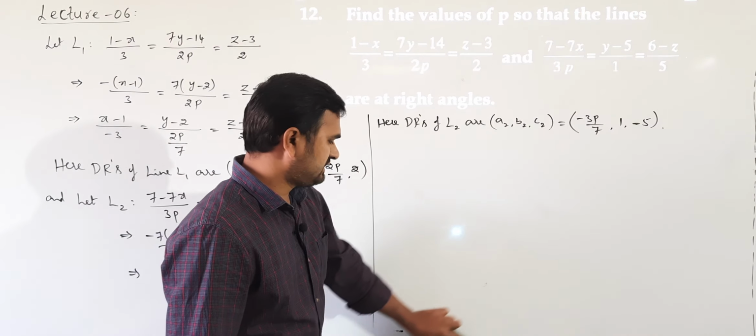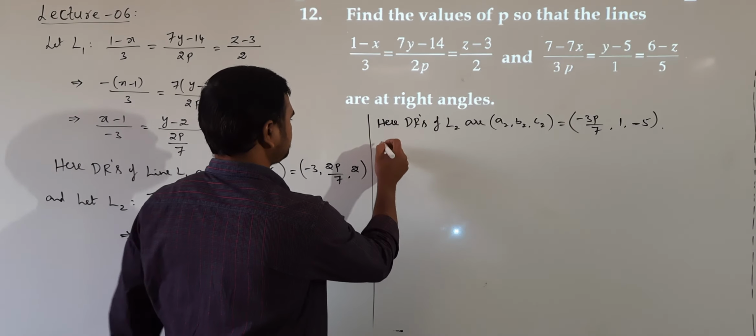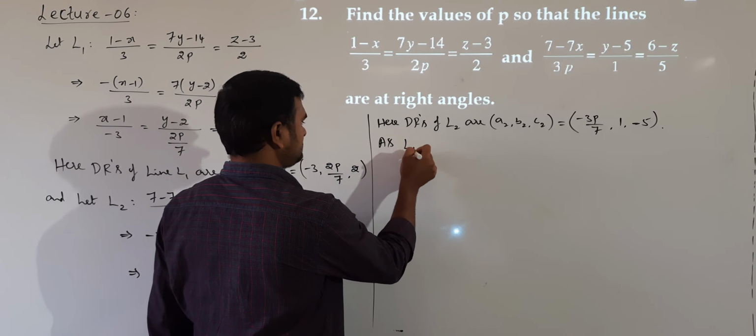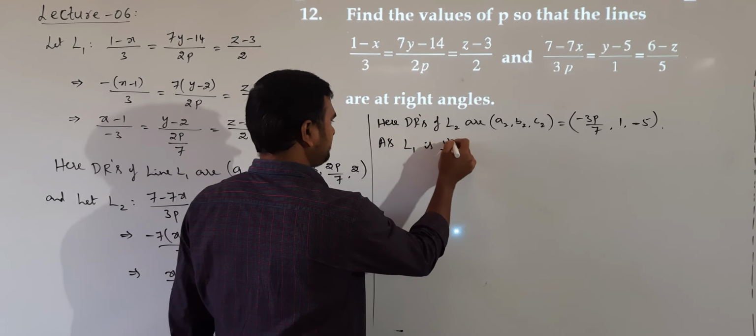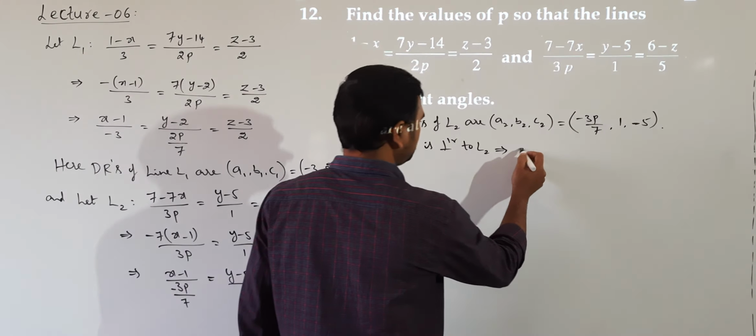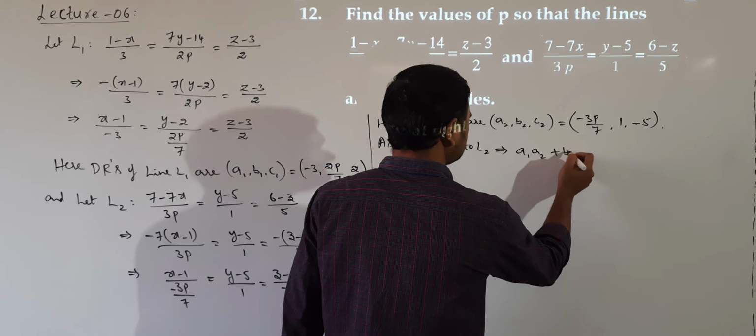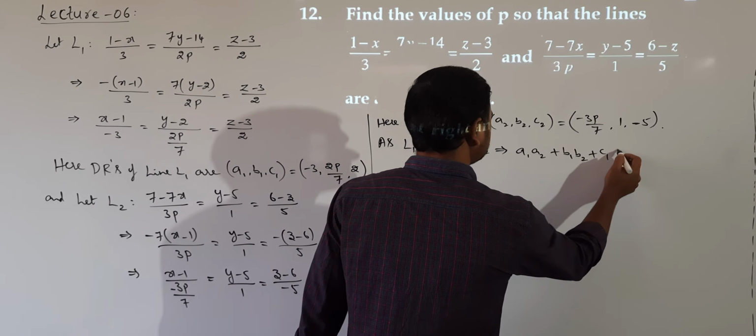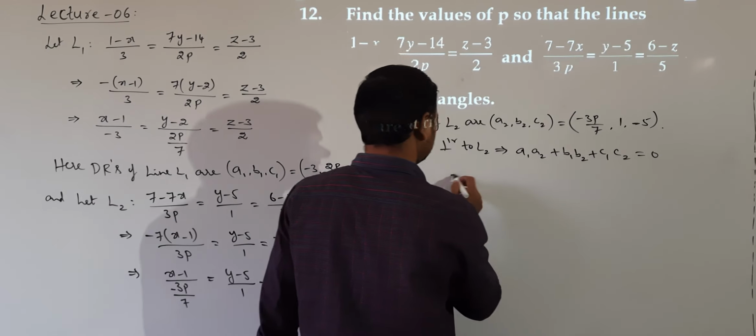As L1 is perpendicular to L2, what is the condition we have to write? a1 a2 plus b1 b2 plus c1 c2 should be 0.